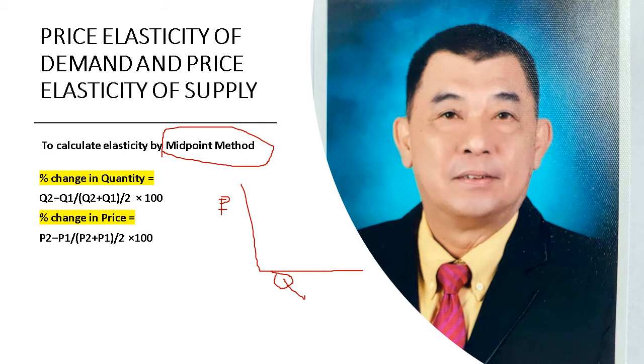So, let's try to get, this is demand. We have P1, P2, Q1, and Q2.